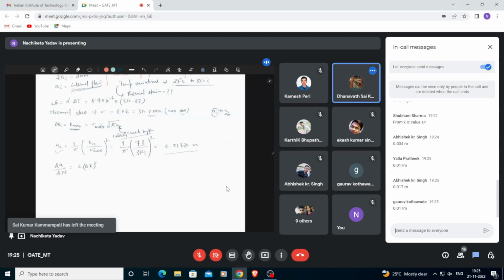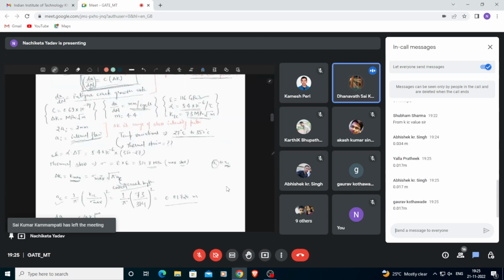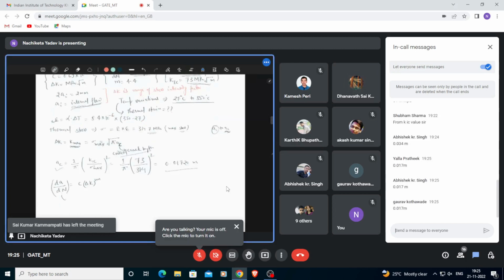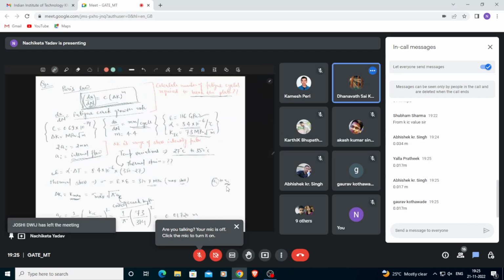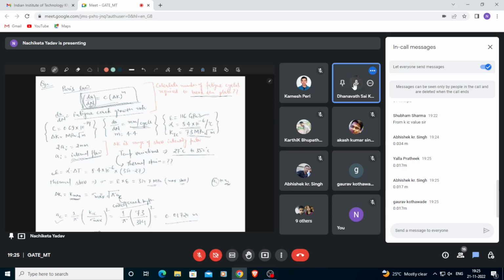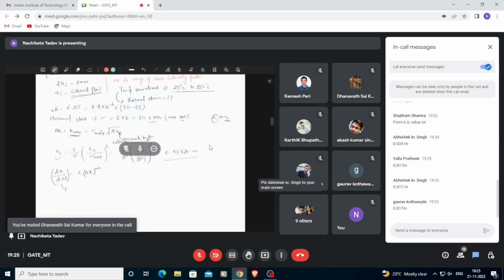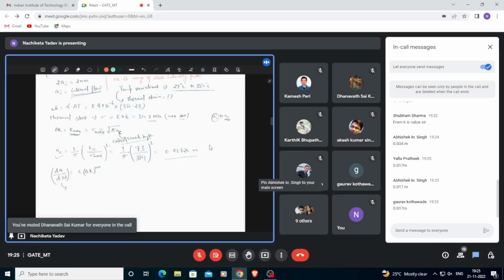You just take care of the unit, because the delta A value given here is in millimeter per cycle.